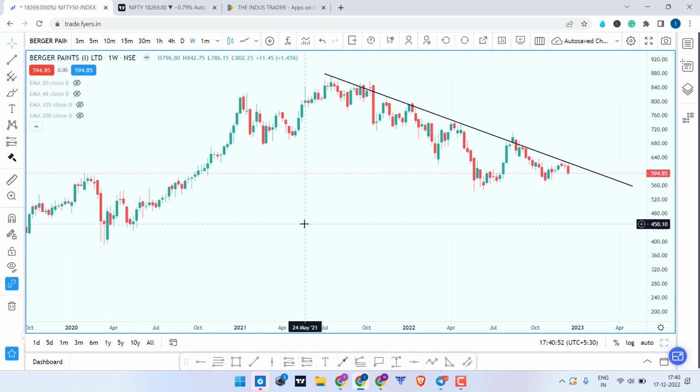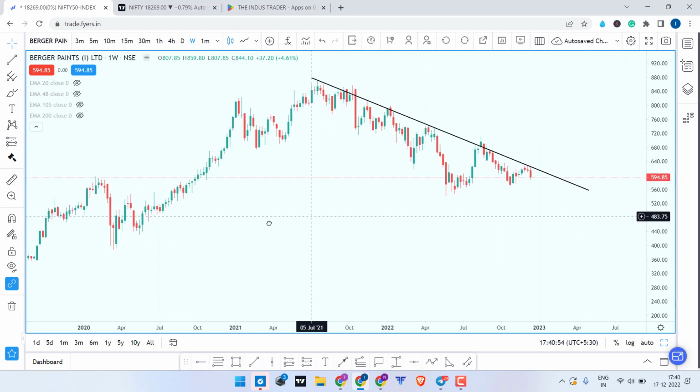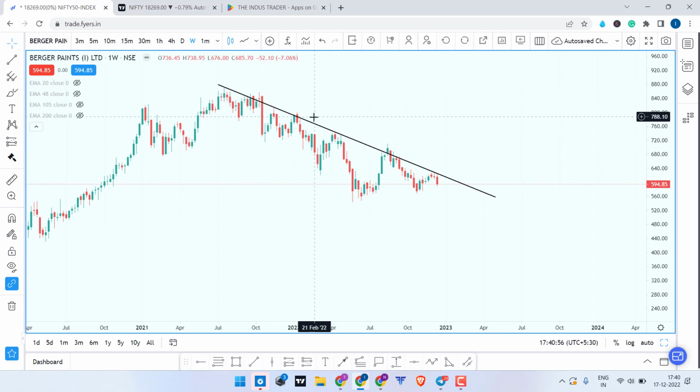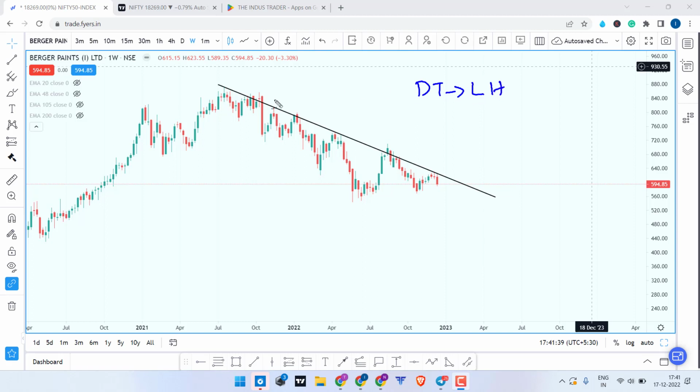Now where should we draw? In the particular downtrend. See, this is a downtrend. In the downtrend, you should draw a line on the upside, joining all. Why? Because if you remember, I have clearly said, in the downtrend the value area is the lower high, and if you see all these lower highs are value areas.